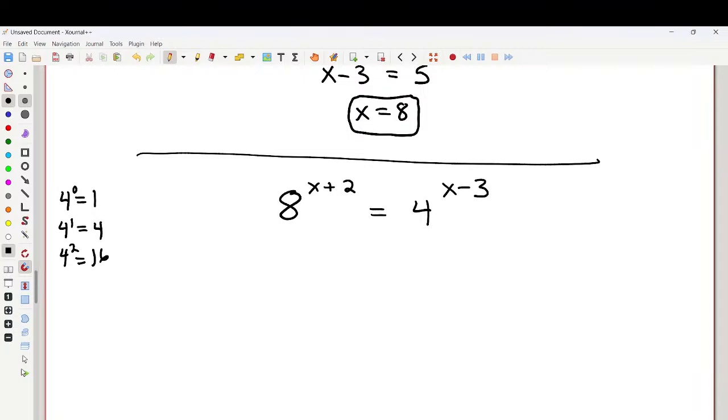And very similarly, I can't make this base become 8. 8 to the 0, 8, no. So I'm hearing it. We can't use base 4. We can't use base 8. Base 2. 2 cubed is 8.